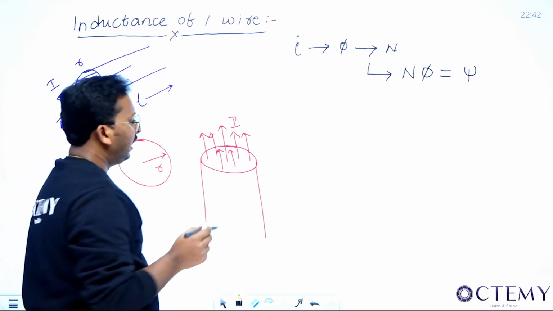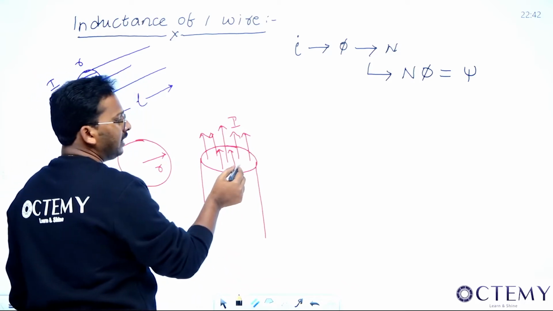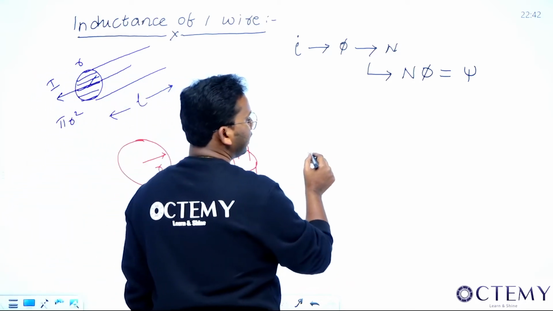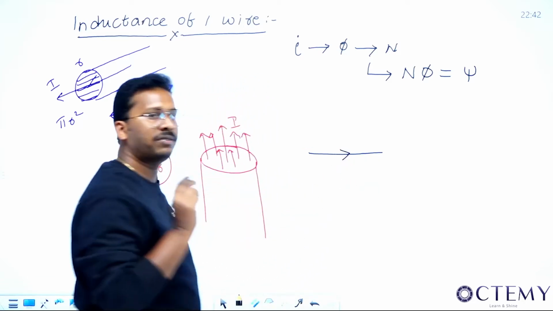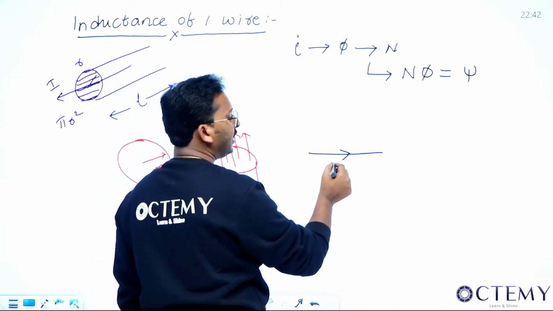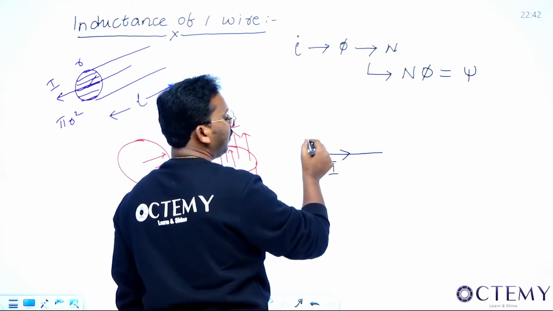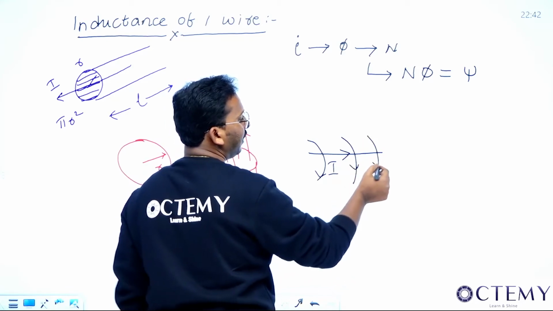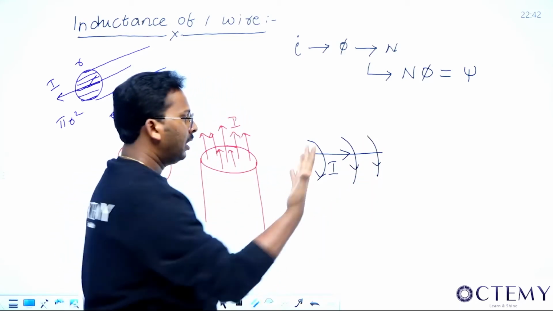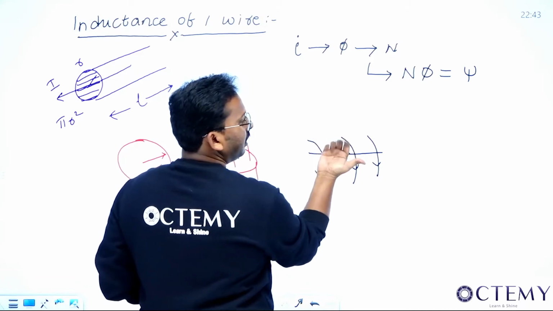To do that, observe: assume this is a small wire whose radius is very small, and if a current I is flowing through this, then the flux lines will be like this. How do you find the flux lines? Use the right hand rule. This is the current, so these will be the flux lines.